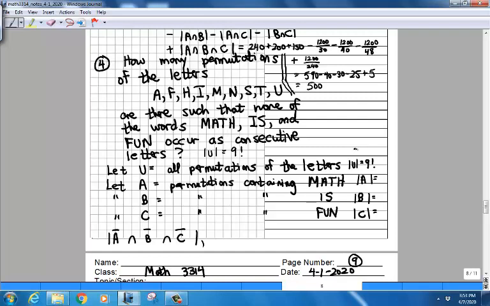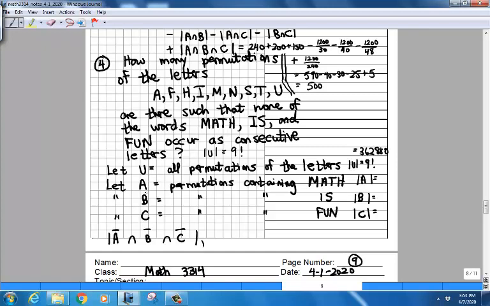I know how big 9 factorial is. You can compute this with your calculator, but it turns out that 9 factorial is 362,880. So that's going to be my universal set for my complement. Now let me show you how we're going to apply inclusion-exclusion.